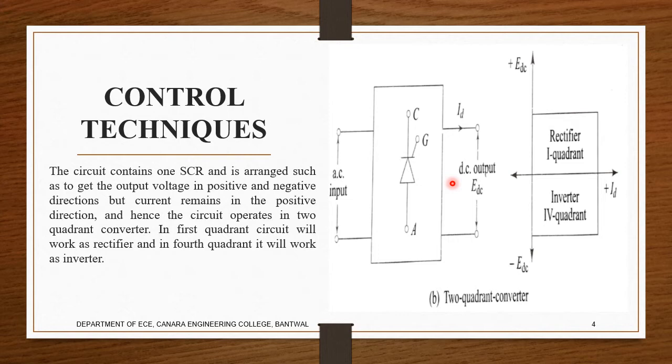Hence the name phase control rectifier. We are controlling the phase in terms of the voltages. Earlier it was a one quadrant converter; here it is a two quadrant converter. One application will be a rectifier, another will be the inverter. So that is one quadrant and a fourth quadrant.